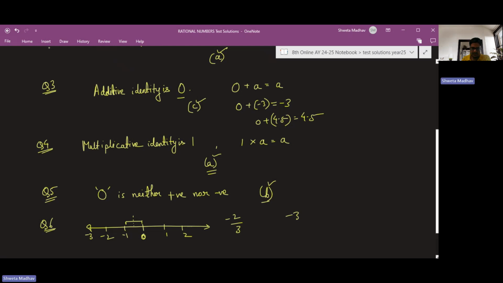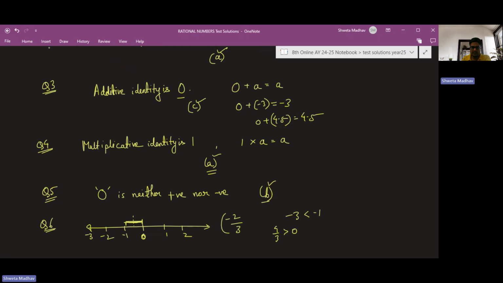Why? Since minus 3 is less than minus 1, which is outside this range. So within this range only we have to choose. And 4 by 3 is obviously more than 0, so it is outside this range also.